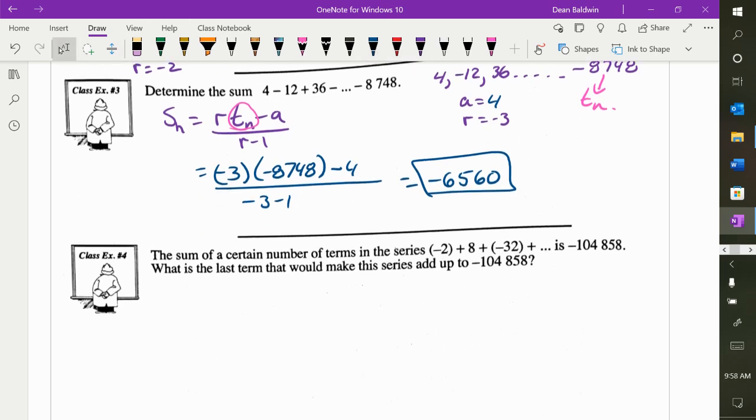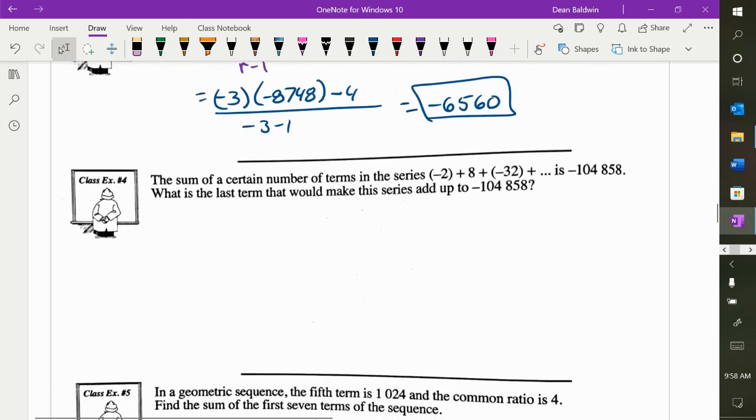All right, next one. Here we go. The sum of a certain number of terms in a series, blah, blah, blah, is -104,858. You have to read the questions. So this is not your last term. This is the sum.